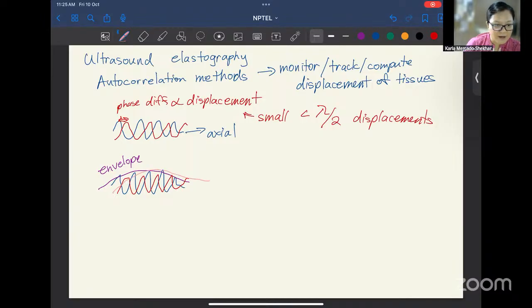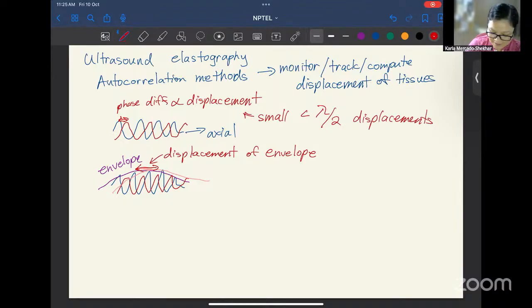And basically what is being used here is that you detect the displacement between the envelope peaks. So you'll have to compute these displacements of the envelope. This is called a spatial method just because it's covering a large spatial range.